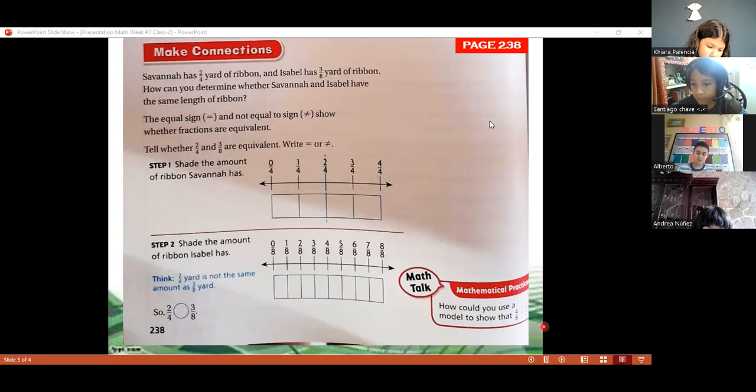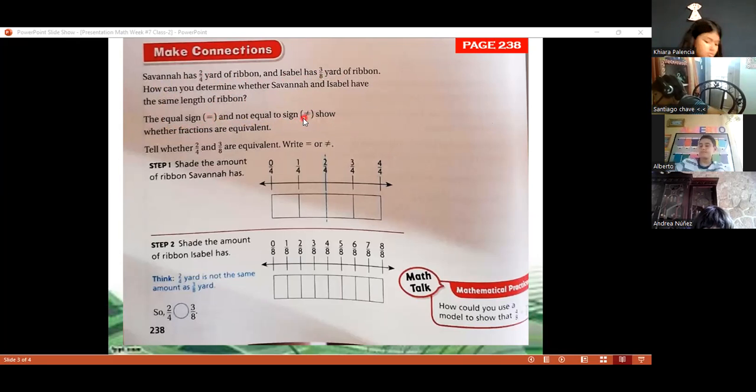Now, it says Savannah has 2 out of 4 jars of ribbon, and Isabel has 3 out of 8 jars of ribbon. How can you determine whether Savannah and Isabel have the same length of ribbon? So we have a comparison here between 2 girls, Savannah and Isabel. The equal sign and not equal sign, you see here, this is not equal.